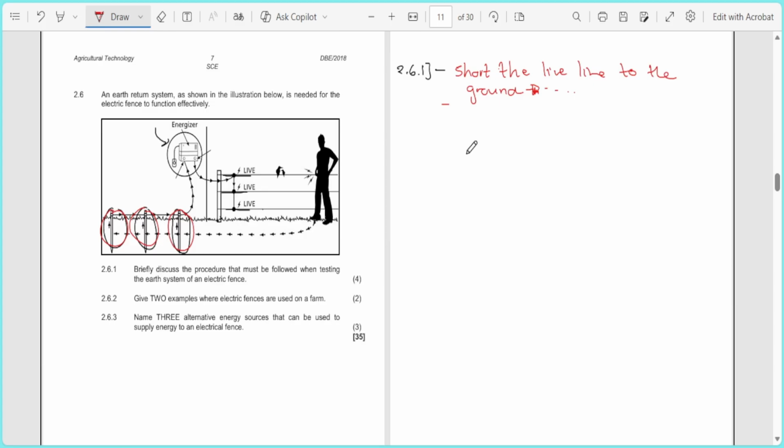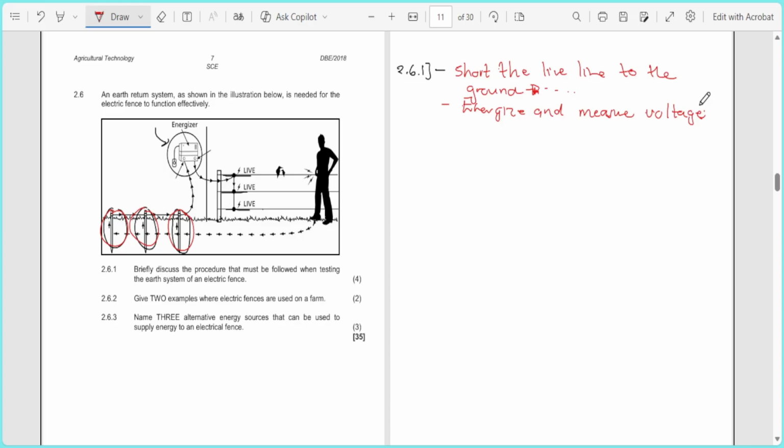All right, so next would be to energize and measure the voltage after grounding. Now this would involve using a voltmeter between the ground and the earth spikes, right?